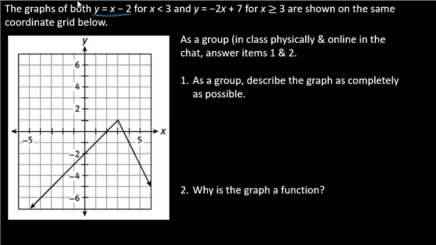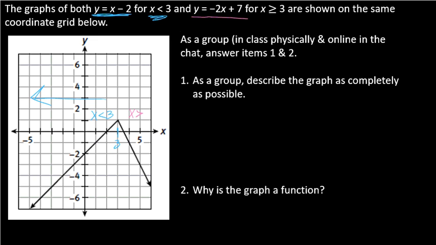So on the one hand, we've got y equals x minus 2 for x less than 3. So here's x equals 3, right? And x less than 3 is talking about everything to the left of 3. On the other hand, we have y equals negative 2x plus 7 for x greater than or equal to 3.